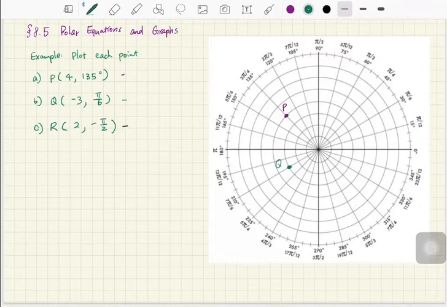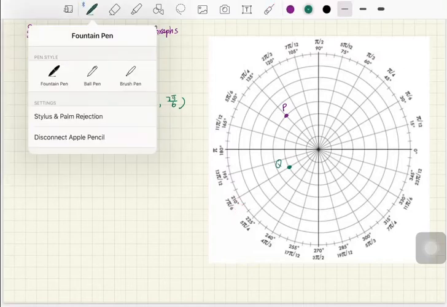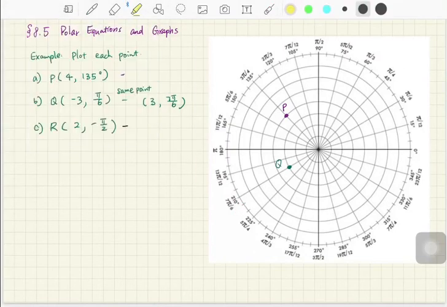So in other words, Q, (-3, pi over 6), is the same point as (3, 7 pi over 6). You can think about that: I'm talking about the angle pi over 6, regardless of my radius.